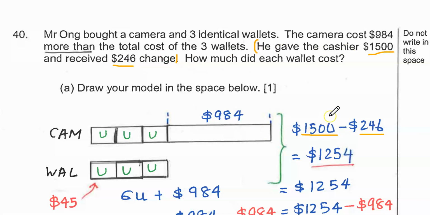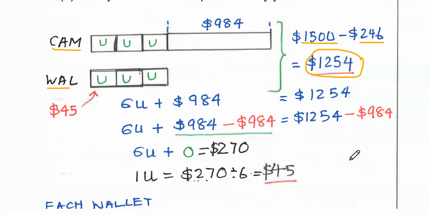If we minus these 2 figures, 1500 minus 246, this is the total cost of the camera and the wallet. It means this total cost is 6U plus 984. All this here and here add together is 1254. Now you generate the equation.